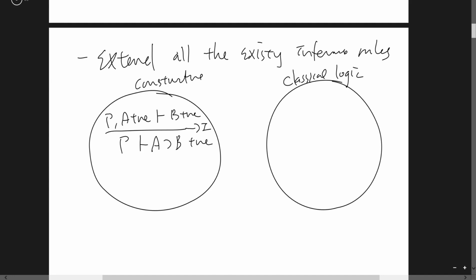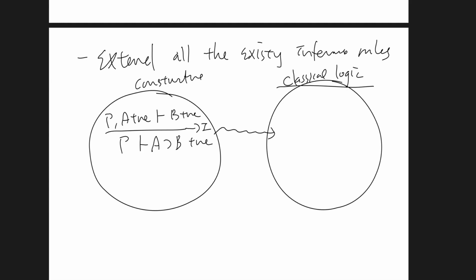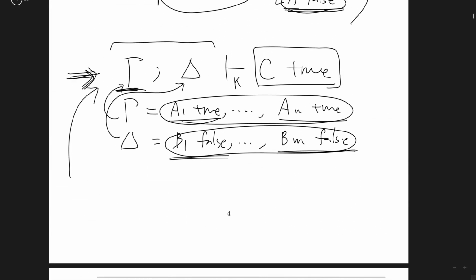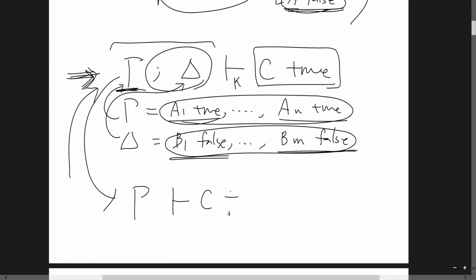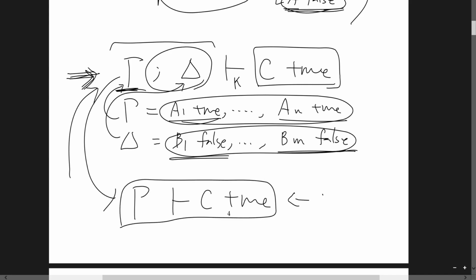And we can derive a corresponding inference rule in classical logic simply by adding the new context delta. So remember that without this delta fragment, the judgment degenerates to the familiar form gamma turnstile C true that is used in constructive logic.